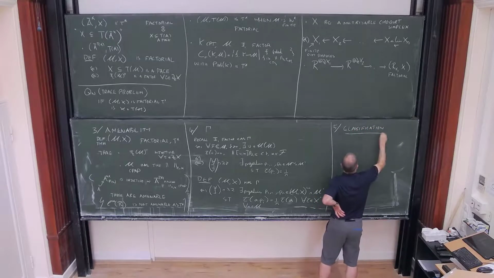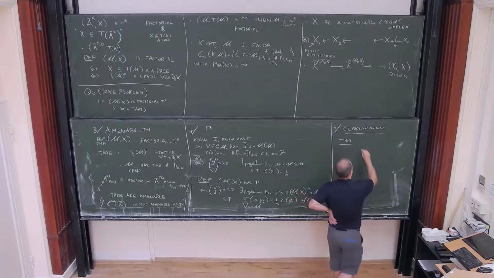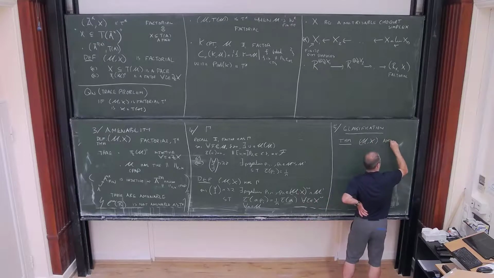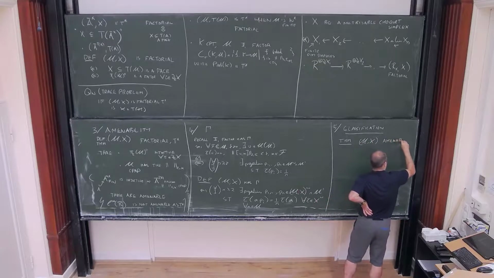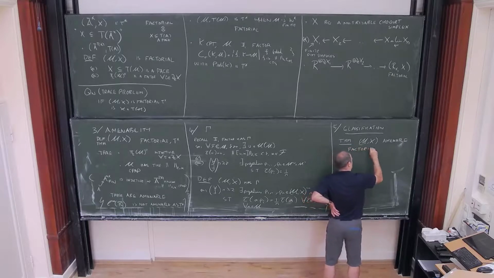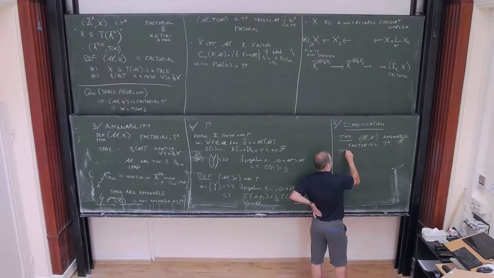by stating the classification theorem. So here is the theorem. Let M_x be an amenable factorial T-star algebra. Well then the following are equivalent.